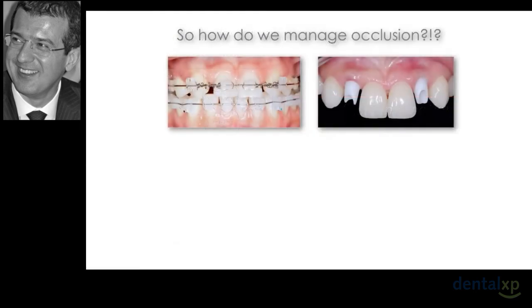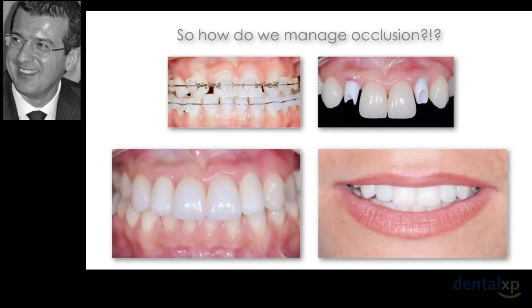How do we manage occlusion in a case like this, where there are two missing lateral incisors? An orthodontic treatment has been done, two implants have been placed. We had some veneers on the centrals which were really worn, and we have two crowns on implants, and these crowns are adjusted as if they were crowns of natural teeth.